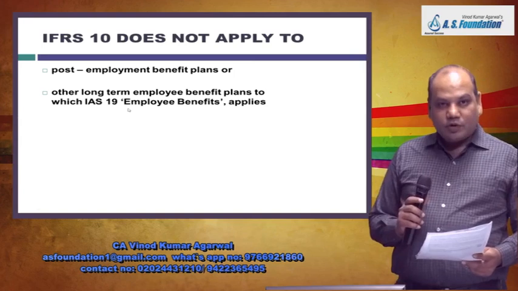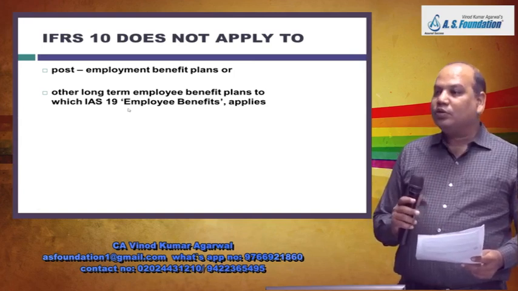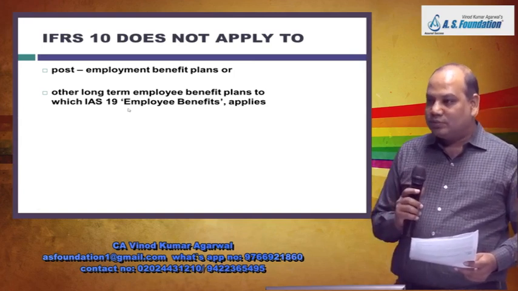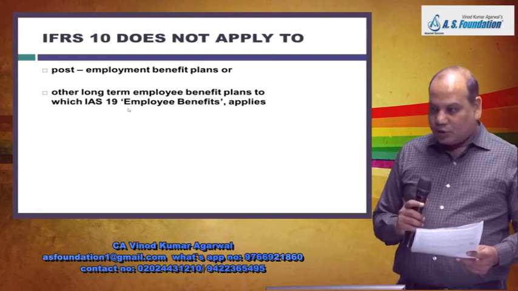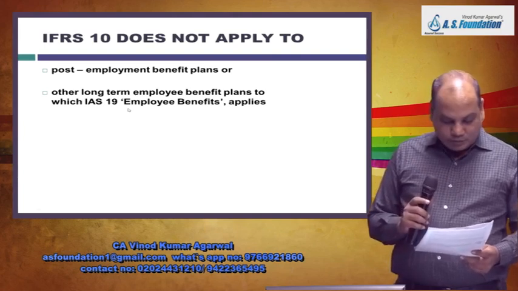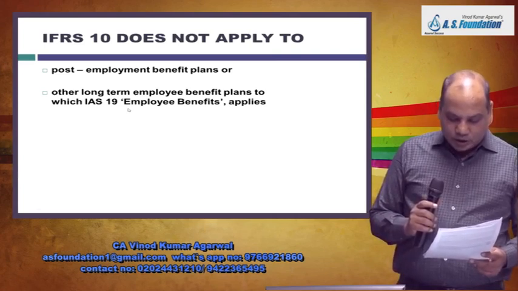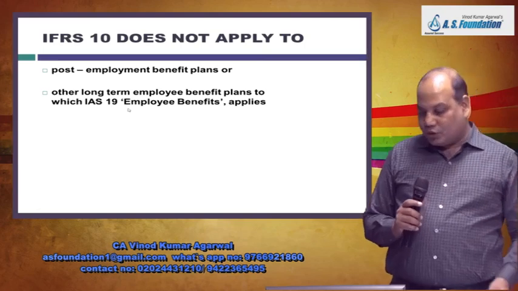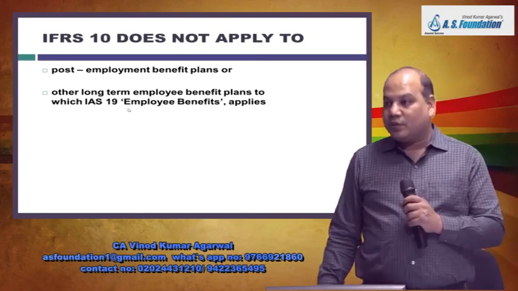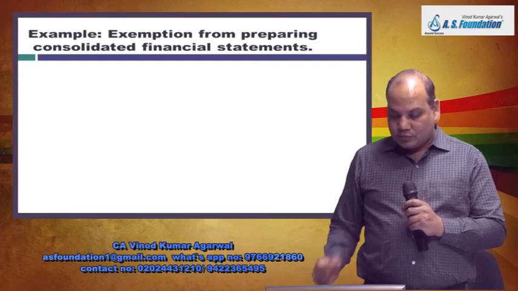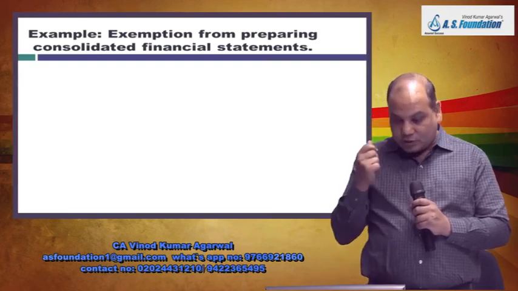That means their performance is evaluated by how the investment is performing. They are not involved in day-to-day business activities. And the second condition, the parent is required to measure all its subsidiaries at FVTPL. So investment entities are also exempt from preparation of consolidated financial statements.